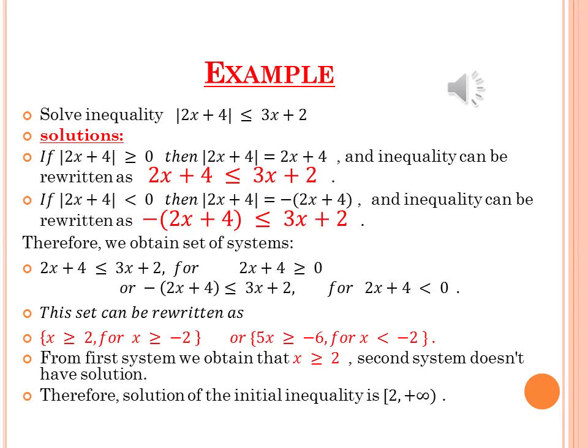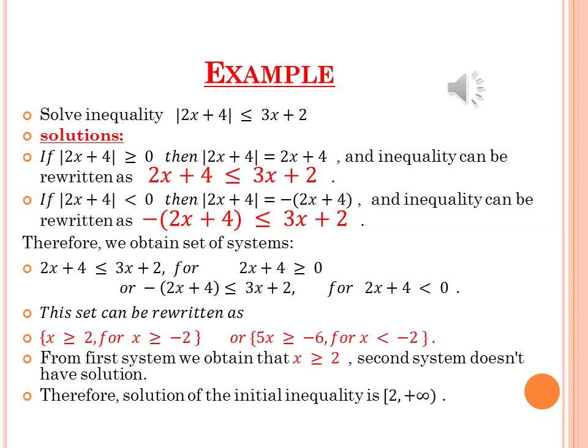First, if 2x plus 4 is greater than 0, then the absolute value of 2x plus 4 is equal to 2x plus 4. So 2x plus 4 less than 3x plus 2. Solving it, we get x greater than 2.